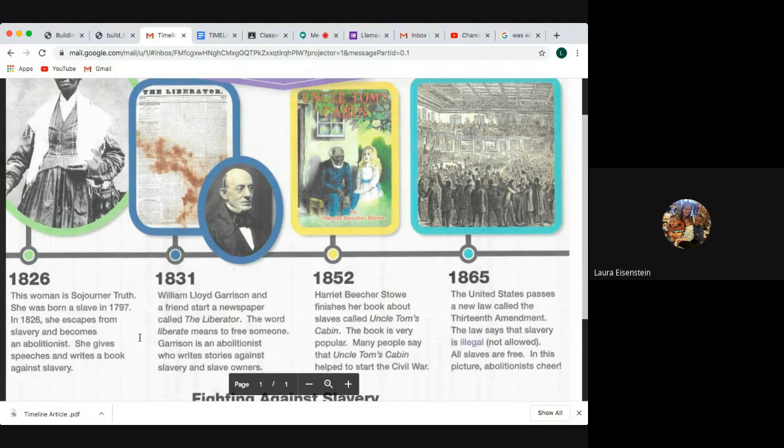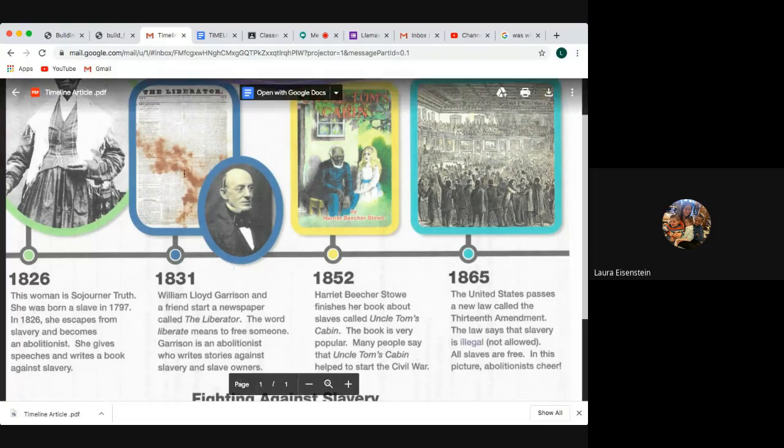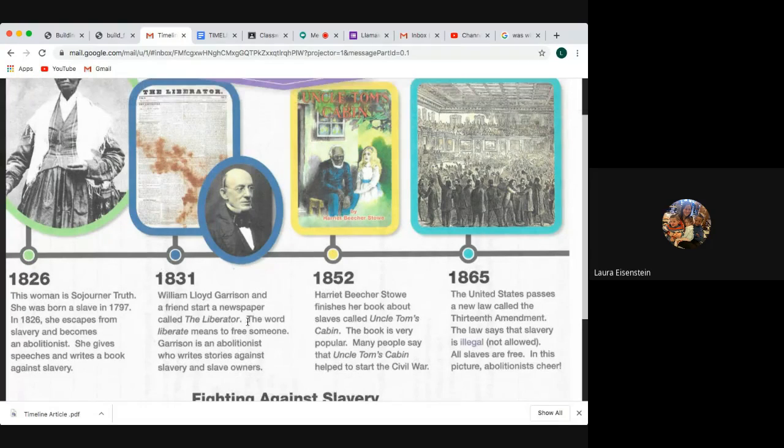Garrison is an abolitionist who writes stories against slavery and slave owners. Okay, so in 1831, William Lloyd Garrison started this newspaper, The Liberator, which spoke out against slavery. And they wrote stories against slavery and against the cruel slave owners.